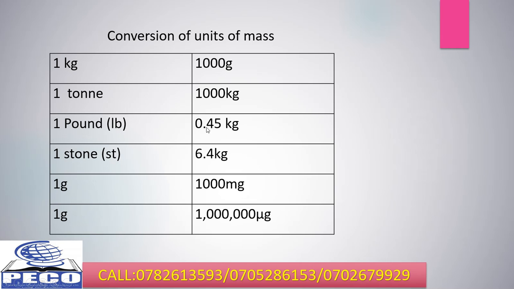It's about 0.45 kilograms. Then 1 stone, some countries use stone as a unit of mass, is equal to 6.4 kilograms. And then for smaller ones, 1 gram is equal to 1000 milligrams, and 1 gram is equal to 1 million micrograms.